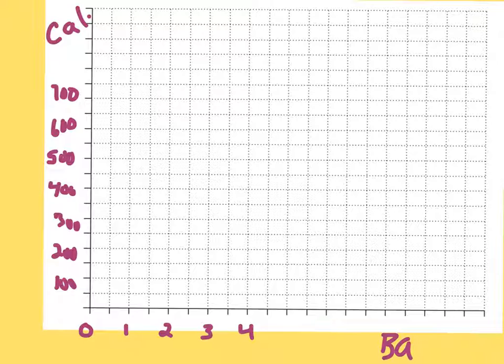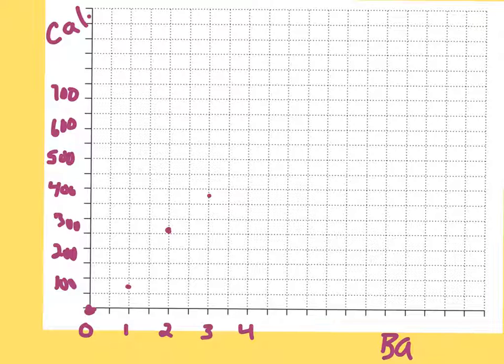And so now we need to graph those ordered pairs that we had. Okay, so again I'm going to do the best that I can. We have 0 bars is going to be 0 calories, so that one's the easiest right there. 1 bar is 130 calories, so it's probably going to be somewhere in there. 2 bars is 260 calories, so maybe right in there. 3 bars is 390, so almost 400.